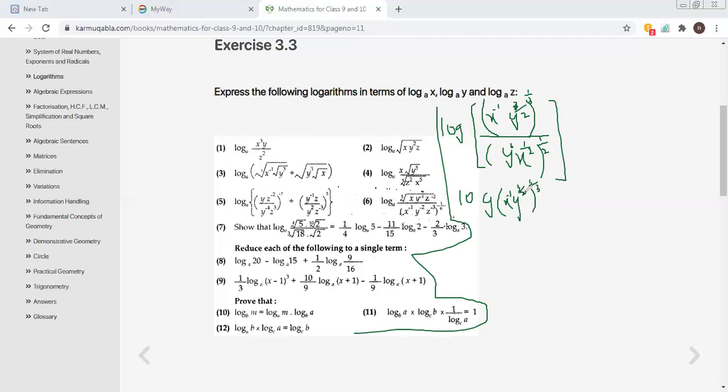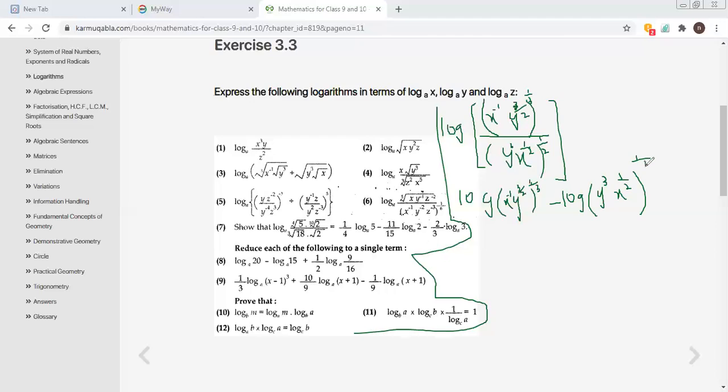Okay, it becomes log and then minus log y cube, what is the power of y, y cube upon x power half, and whole power we have 1 upon 2.